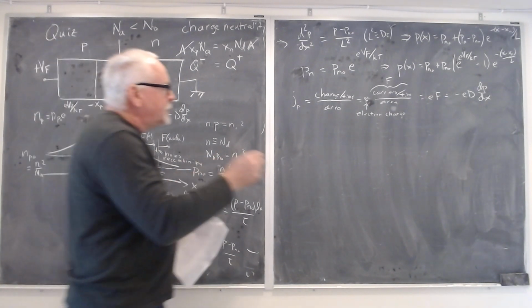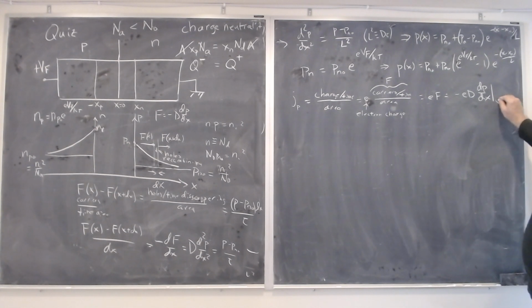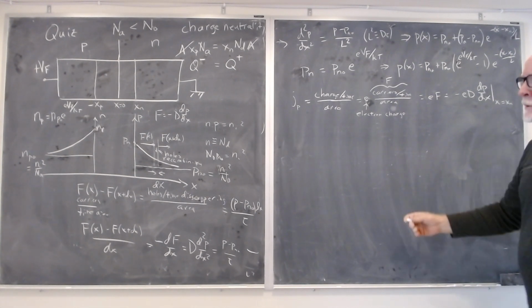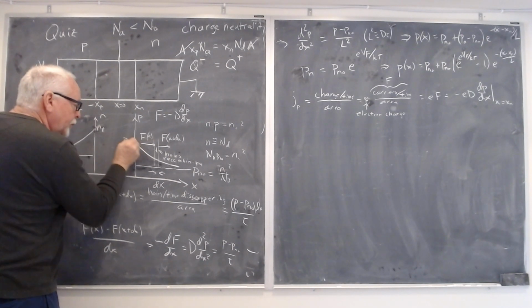I'm going to calculate J by doing this at x equals xn. I'll explain why that makes perfect sense in the next lecture. Basically, I'm going to use this slope.